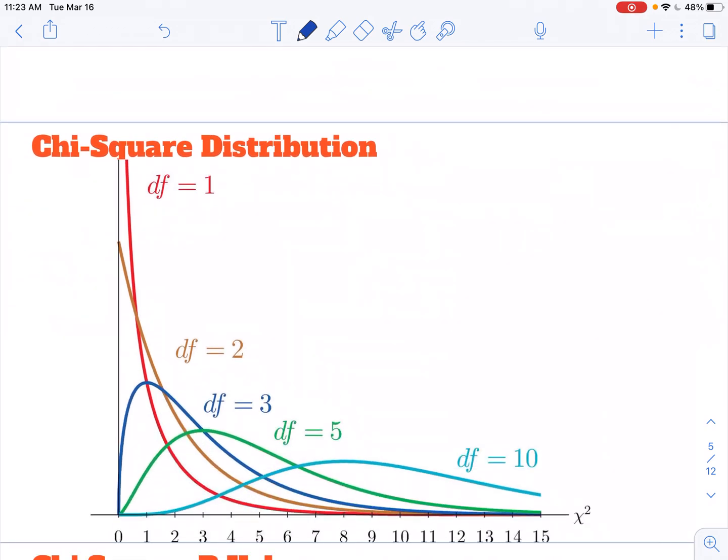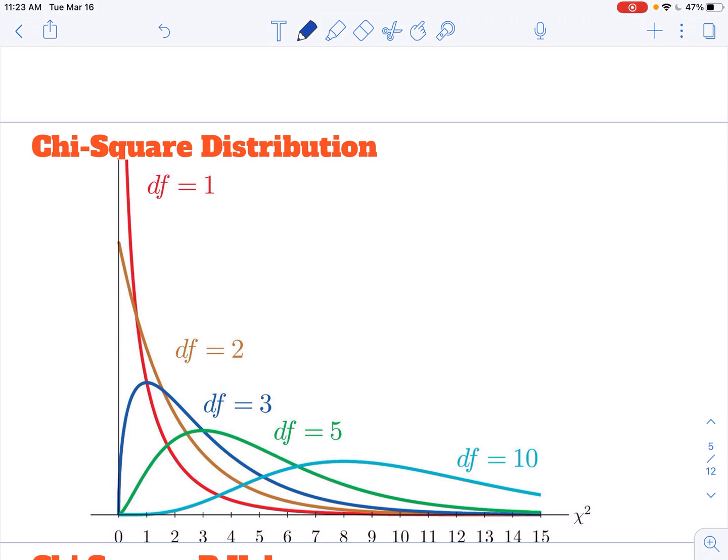So this is what the chi-square distribution is. If you'll note, we've got 3 chi-squares here, and we're going to see that as the degrees of freedom go up, the less skewed right it is. So the lower the degree of freedom, the more skewed right your distribution is.